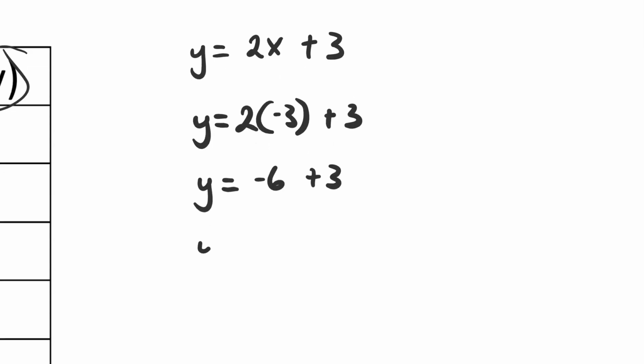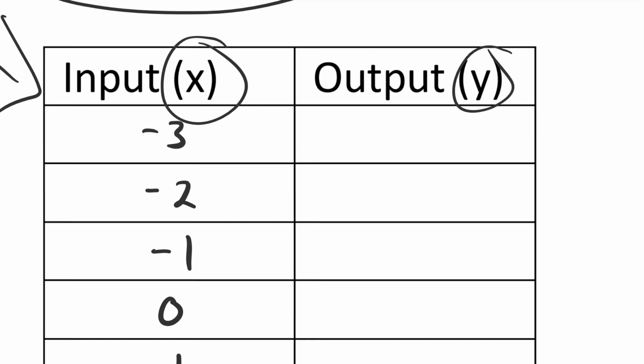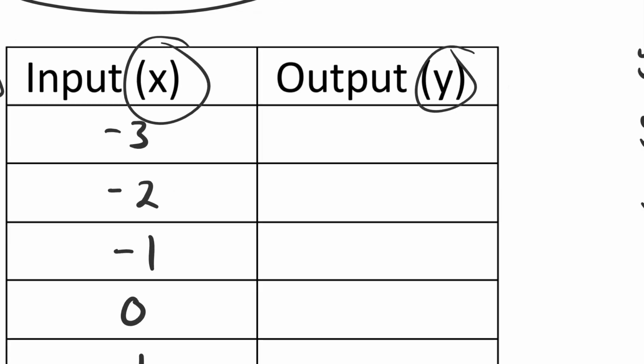Taking this further, y equals -6 plus 3, so we end up with -3. If I slide back over to my table of values, the value that I inputted for x was -3, and our output, our y value, resulted in -3 as well.